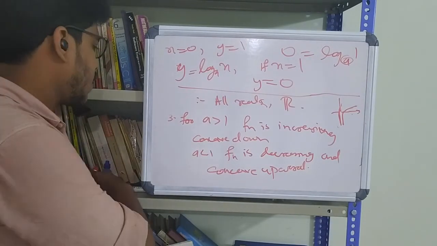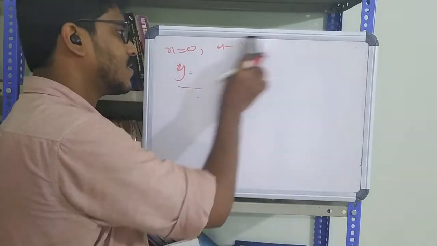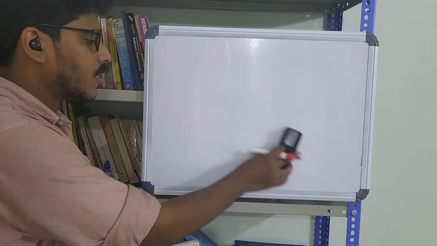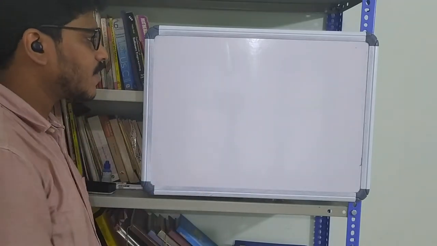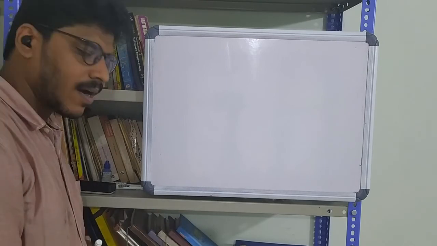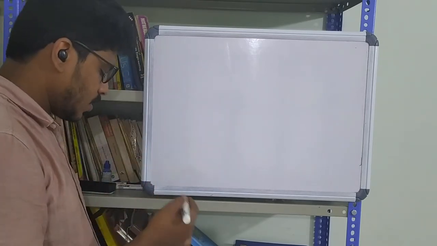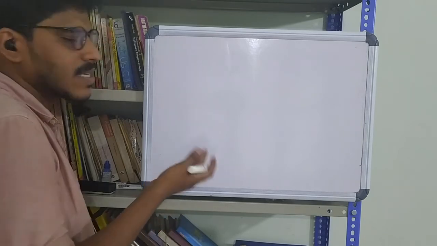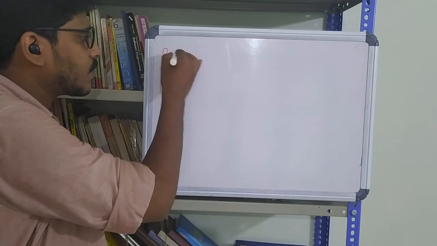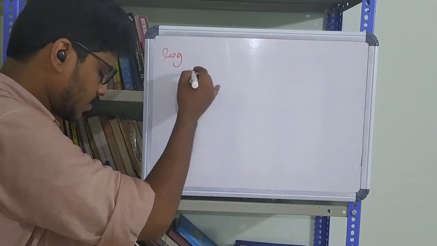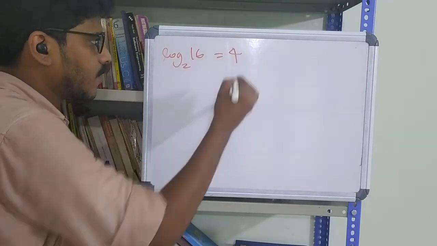So this is about the logarithmic function. Now we can compare the logarithmic function and the exponential function. Before that, you might have observed the inverse nature of the logarithmic function. Using that inverse nature, we can rewrite certain statements involving logarithms and exponents. Consider the statement log to the base 2 of 16 is equal to 4.